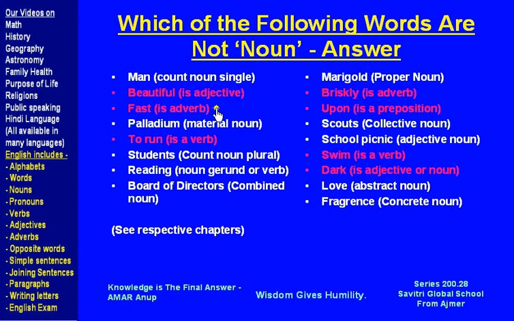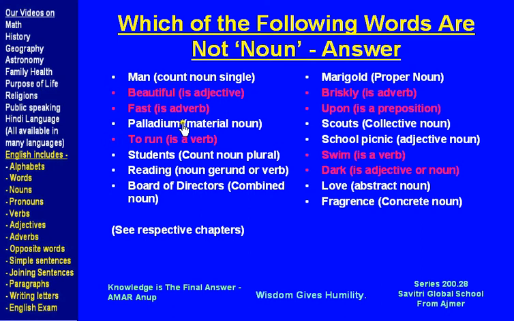So it is giving more information about the verb, so it is called an adverb. You can learn more about adjectives, adverbs, prepositions, pronouns, how to make a sentence, many other topics from my video presentations that are available. And once you have gone through all of those, your English will be much better and you will be very confident.